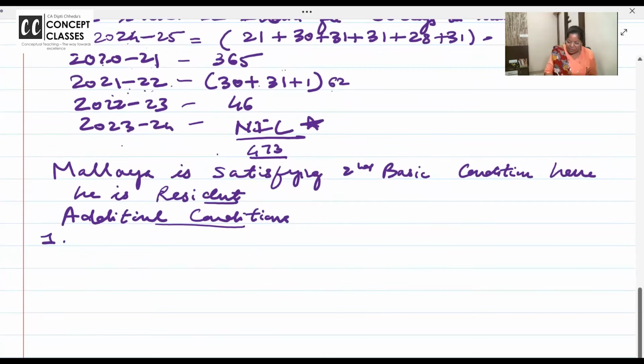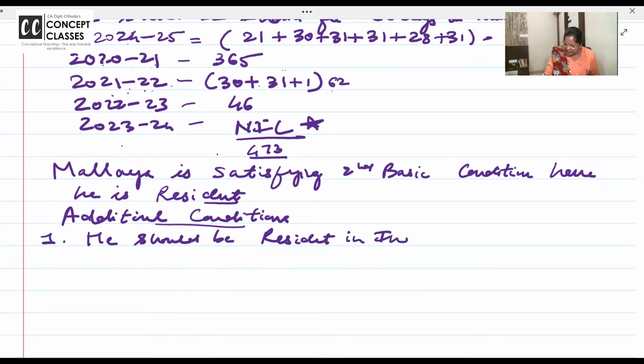Additional condition number 1. He should be resident in India in 2 out of 10 PPYs. In the last 10 years, in any 2 years he should be resident.